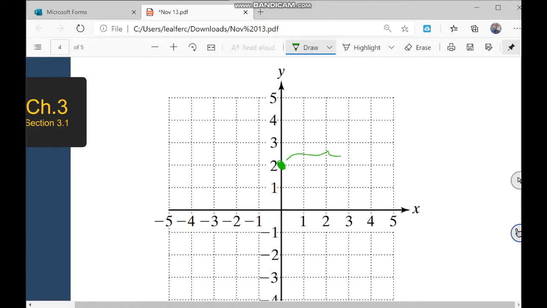Run is going to be 4, and rise is -1. It's going down, actually. And this is the next point that you're going to find. Now draw a straight line between the points. Let me try to make a straight line here. Pretend this is a straight line, okay?